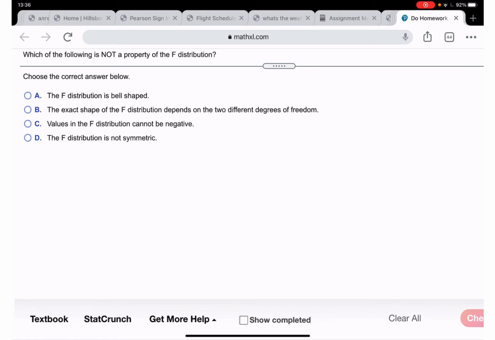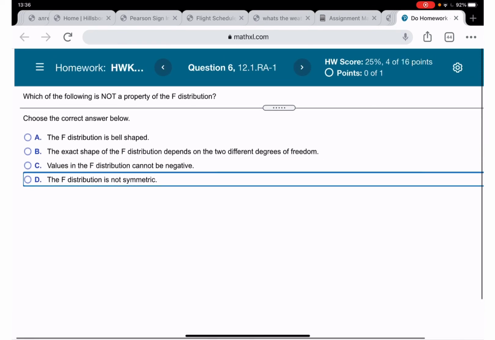Question number 6. Which is not a property of the F distribution? Let's see, what do we have? I'm starting backwards. The F distribution is not symmetric. Yes, that is true.